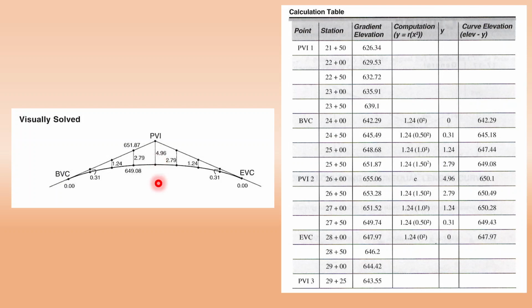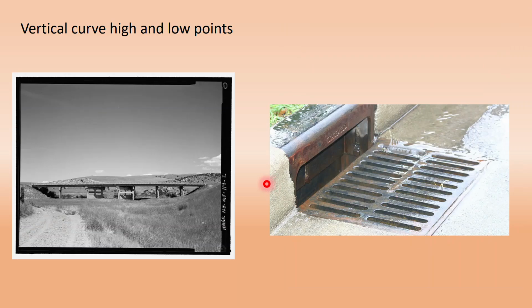And in a sag curve, right, it's what would be the lowest elevation that would occur. And it's not always at the PVI. Actually, it's never at the PVI unless that gradient slope is equal to that gradient slope. But that's never the case, right? You have different magnitudes of slope. So your high or low point will be skewed left or right, and we'll look at examples of that here in a second.